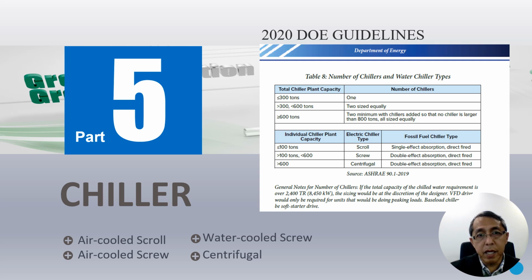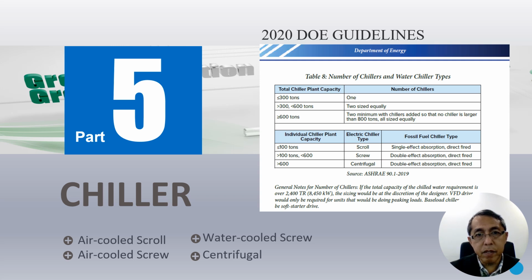So if you're using less than 300 tons, you can use one chiller. If it's 300 to less than 600 tons, you can use 2 units and size equally. If it's greater than 600 tons, 2 minimum chillers should be used, added so that no chiller is larger than 800 tons, all sized equally.